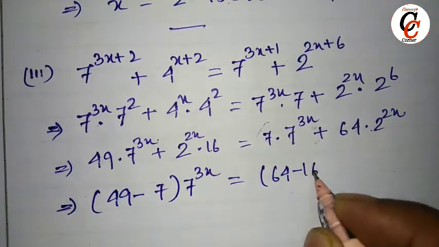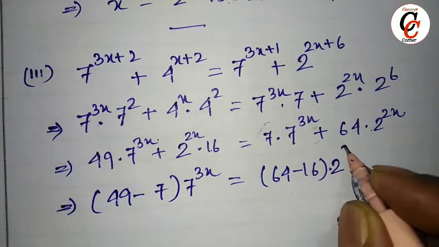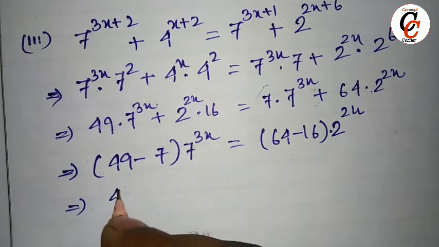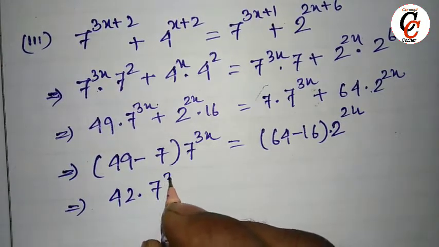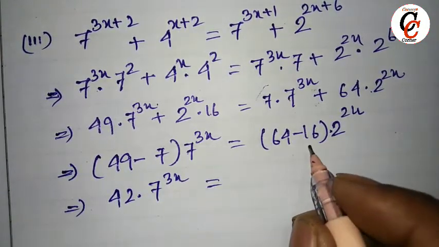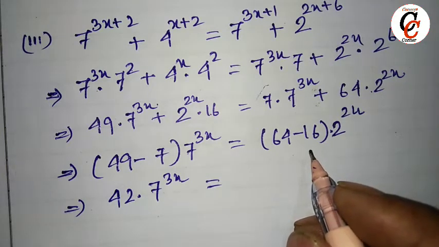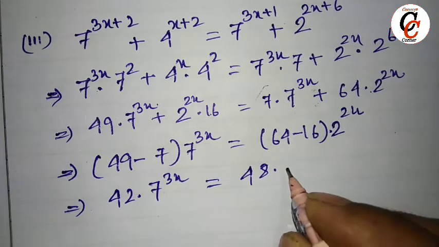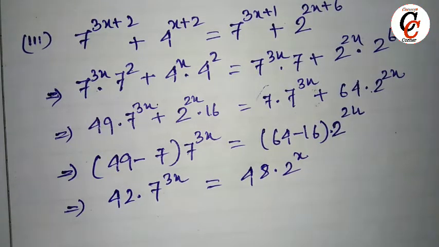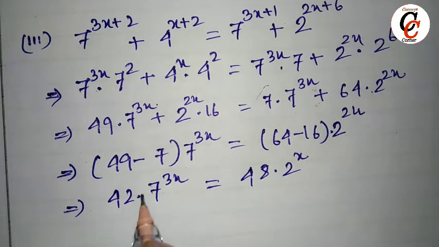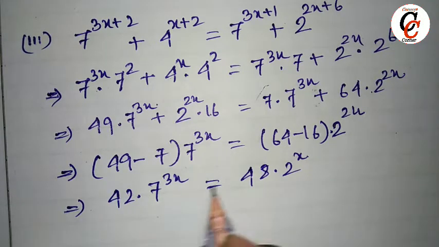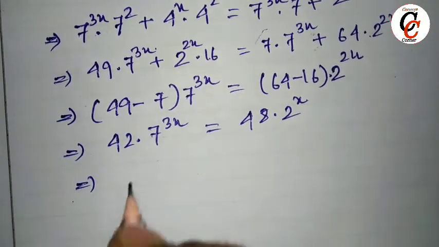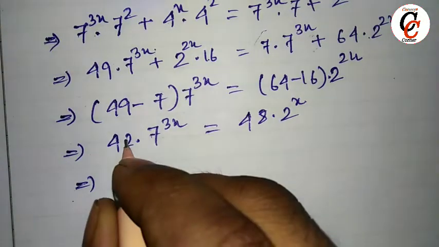And if we take this term to the right side, 2 to the power 2x is common, so 64 minus 16 into 2 to the power 2x. So here 42 into 7 to the power 3x, and here 64 minus 16 means 48 into 2 to the power 2x.